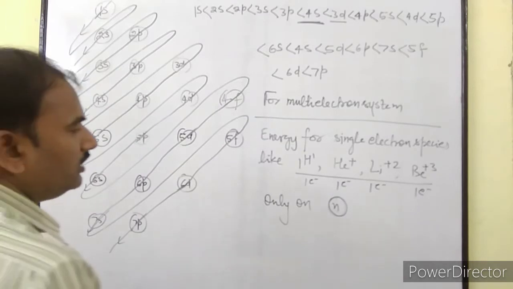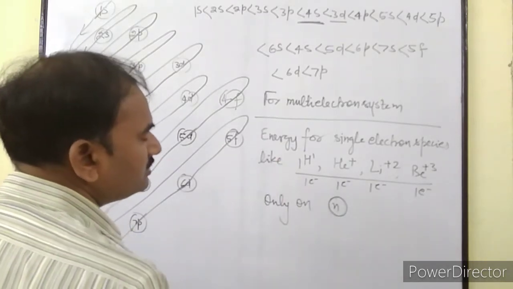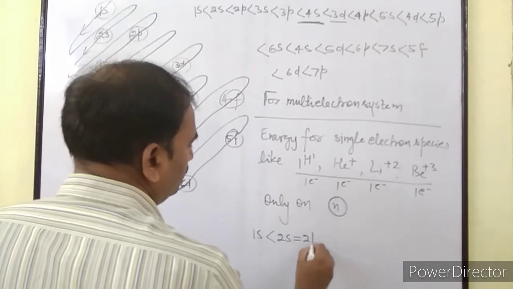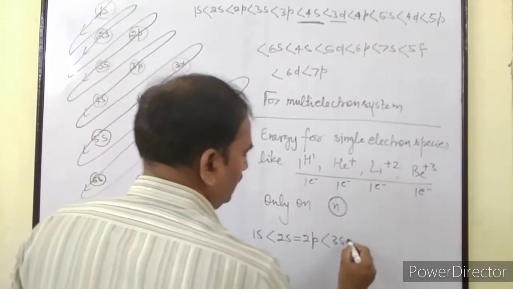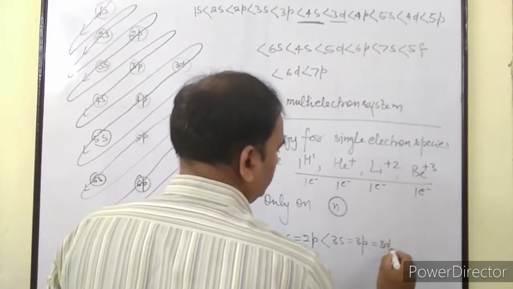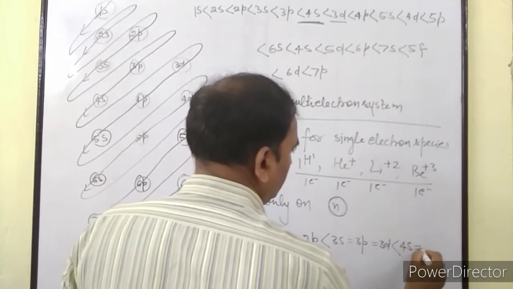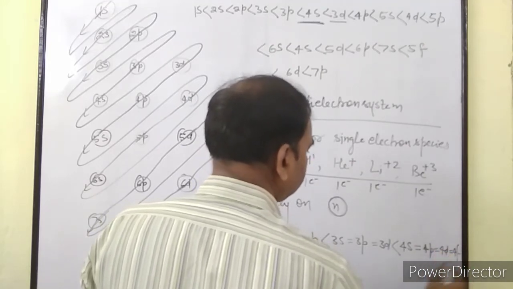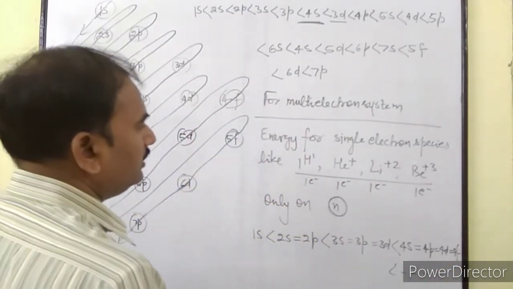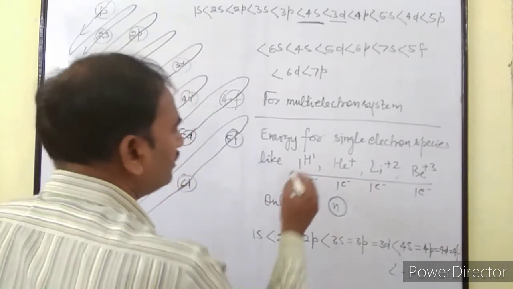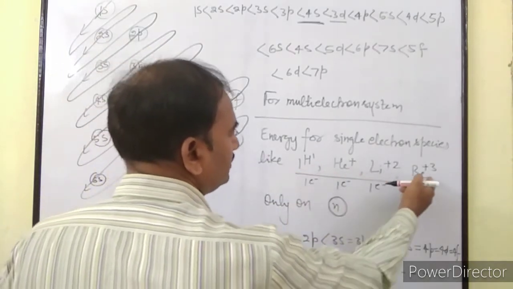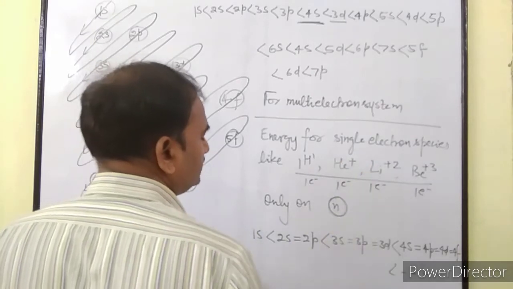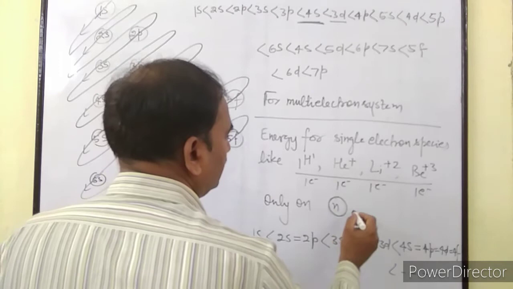Means if we want to write the increasing order of energy of orbitals, then 1s is less than 2s equal to 2p is less than 3s equal to 3p equal to 3d is less than 4s equal to 4p equal to 4d equal to 4f and etc. Means if any species which has single electron like 1H1 hydrogen, helium plus, lithium double plus, beryllium triple plus, then energy of orbitals of these single electron species will only depend on principal quantum number, not n plus l.